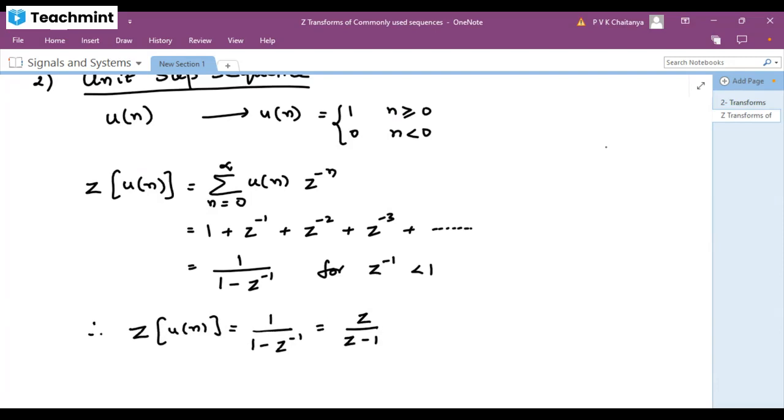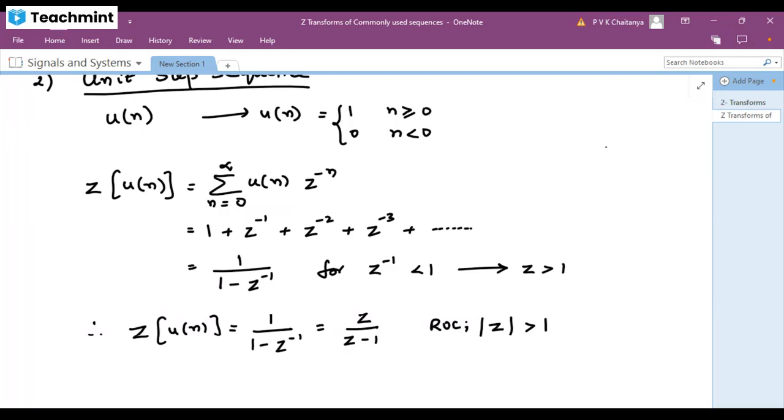Here ROC, I can apply it only for magnitude of Z inverse less than 1, or else I can write it as magnitude of Z greater than 1. So that is for unit step.